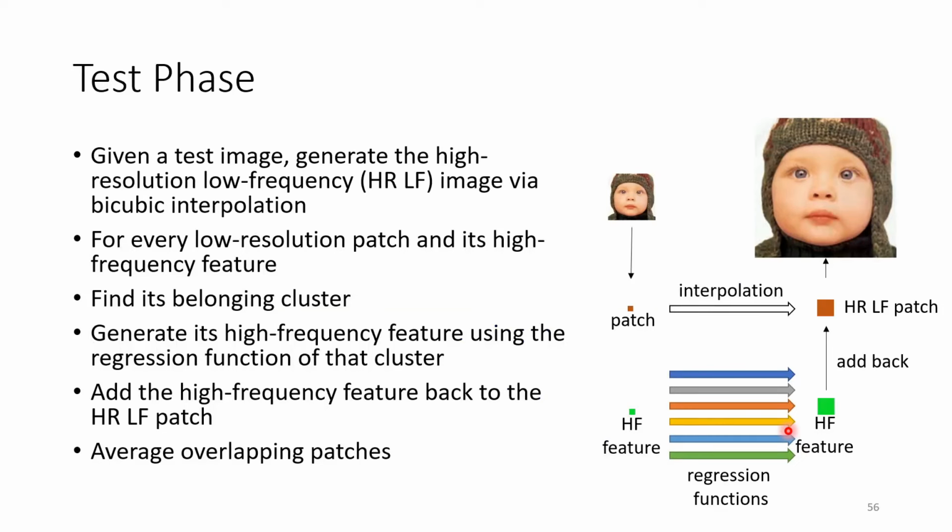Once I got the coefficients for the 4,096 clusters, I created mapping functions, though not totally full, because some clusters cannot find sufficient training points to learn the regression function. But I still have around 4,000 mapping functions. In the test phase, when I have a low resolution image, I crop its patches and extract the high frequency feature of each patch.